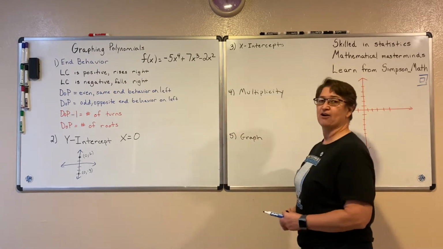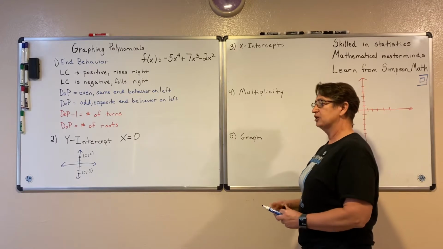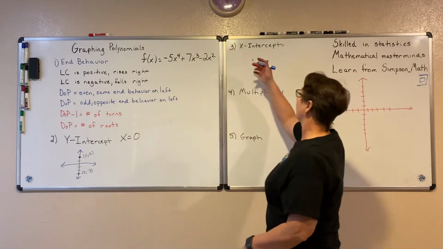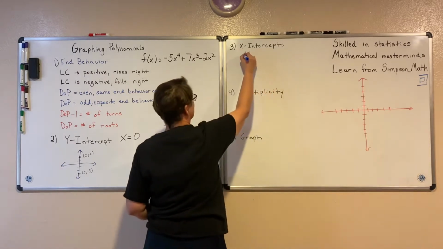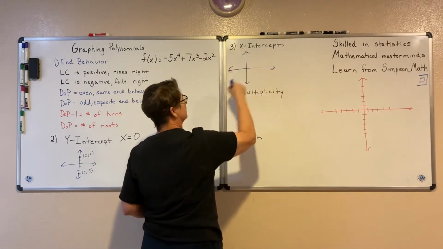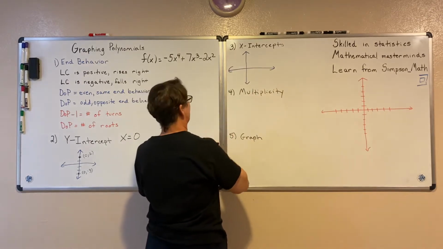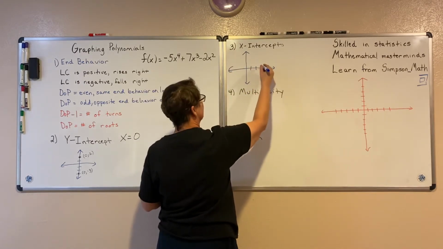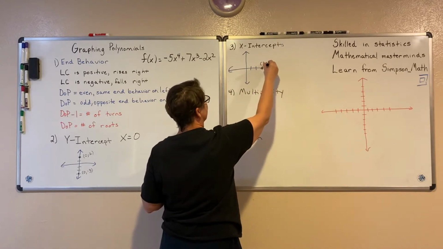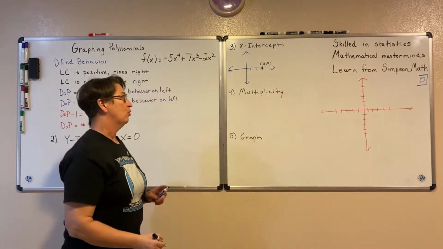Then we're going to find our x-intercepts. And just like our y-intercept is on that y-axis, our x-intercept is on our x-axis. So along that x-axis, there are points such as this point right here, which I would put at (3, 0) is the name of that point.